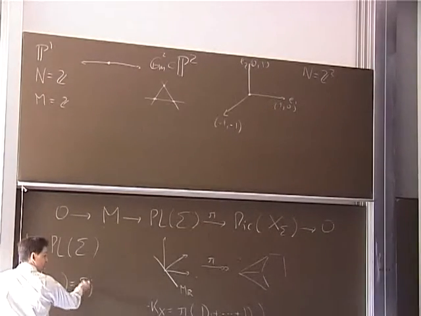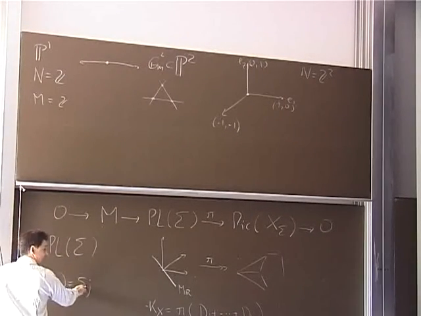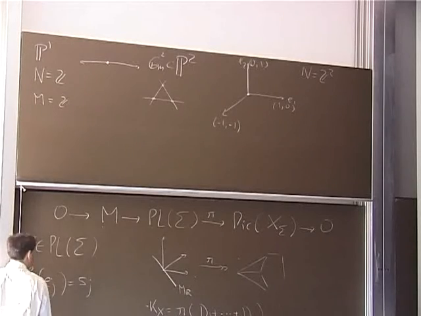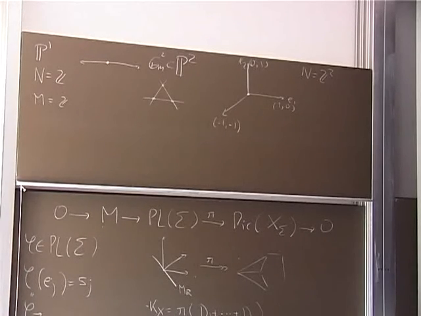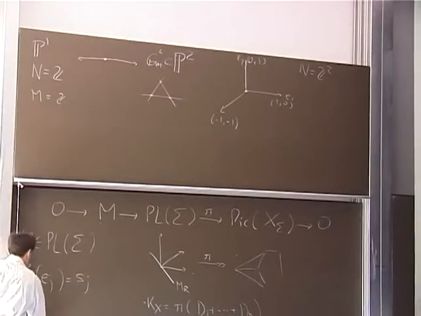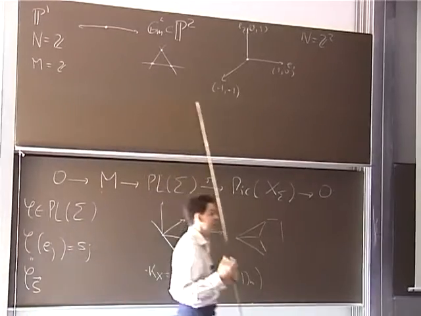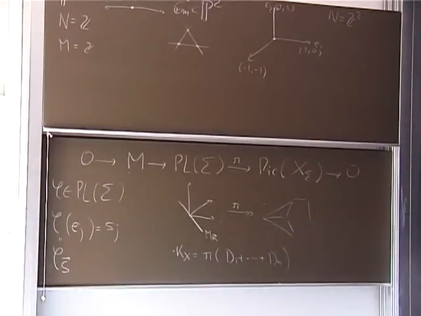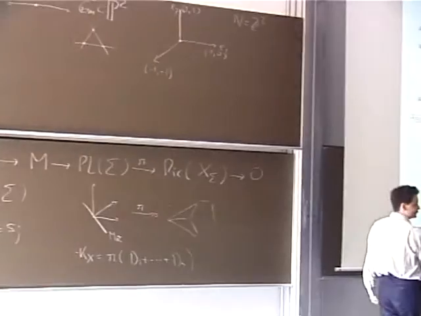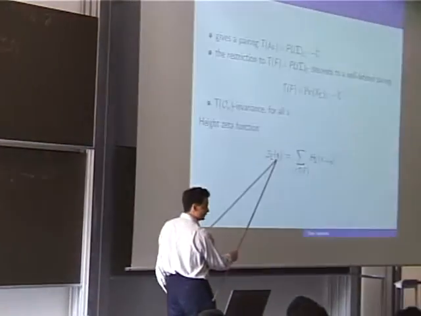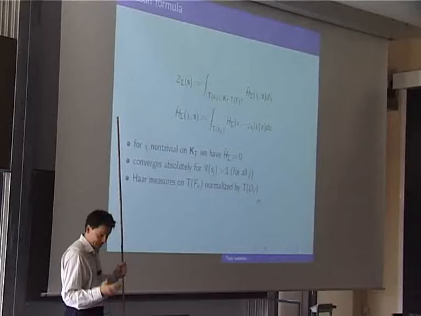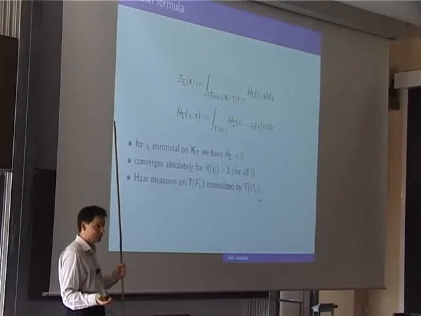Just to remind myself that when I have this sj in place, I write it like P of S, and S is the vector now. Maybe it's an ambiguous notation, but I want to remind myself that I have fixed generators, and now I'm just working with a complex function. In any event, I do the standard thing, I write down the Poisson formula.